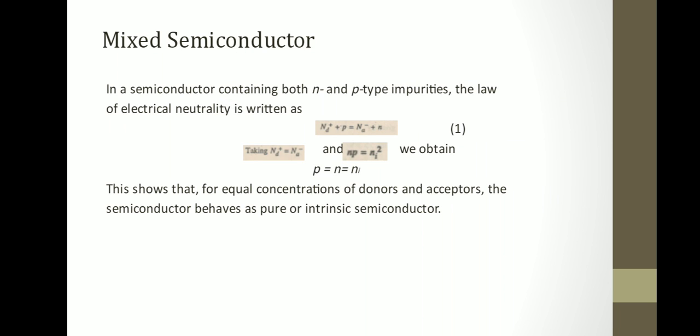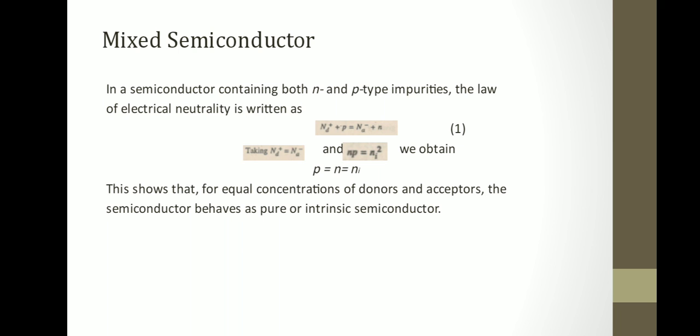Mixed semiconductors. In a semiconductor containing n and p type impurities, the law of electrical neutrality is written as Nd plus plus p is equal to Na negative plus n, meaning ionized donors plus hole concentration is equal to ionized acceptors plus electrons.